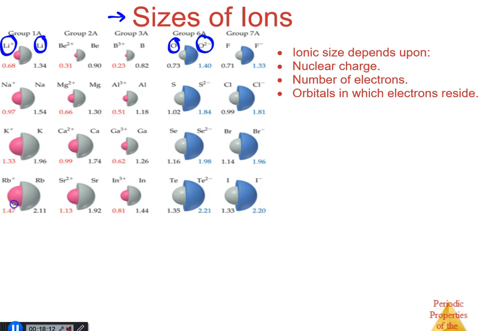So looking here, you will notice that the rubidium ion is smaller than the rubidium atom. There's a reason behind that. It's very easy. Looking over here, we'll look at iodide. So the iodine atom is smaller than the iodide ion. There's a reason behind that as well. It's pretty easy to explain, and we'll do it. Are we ready?